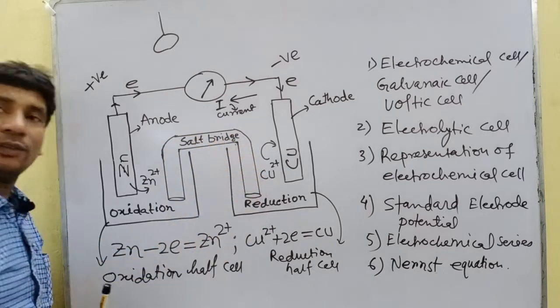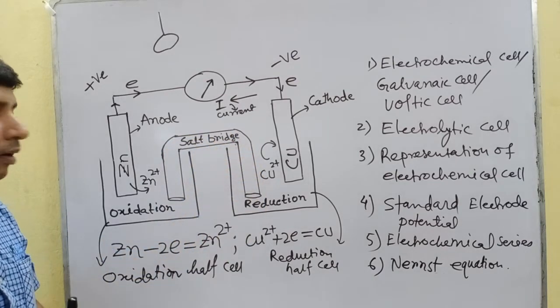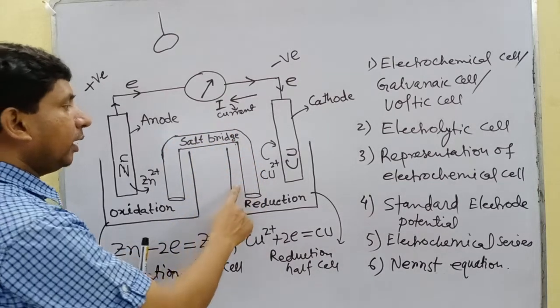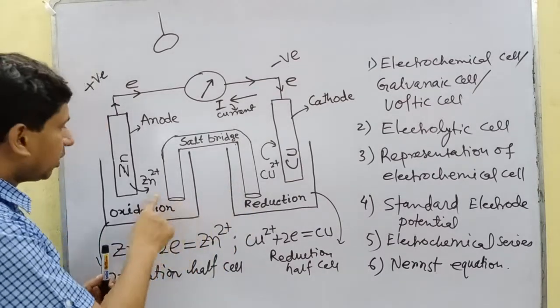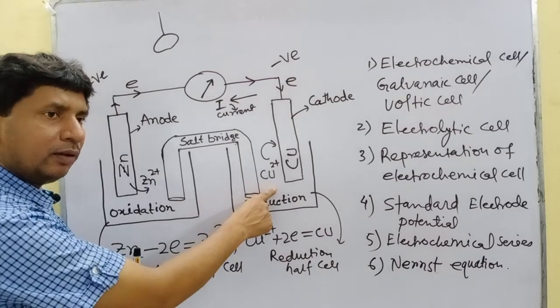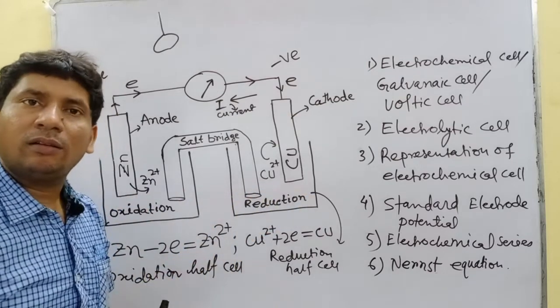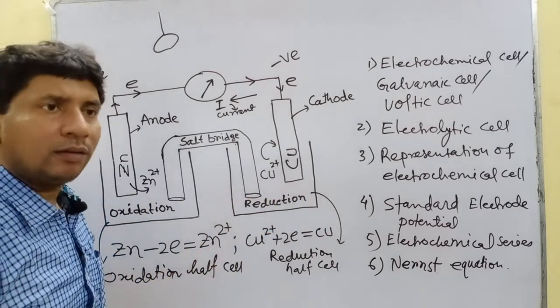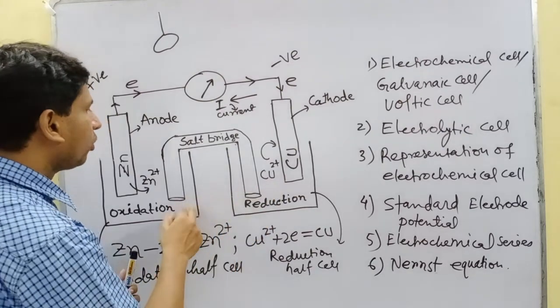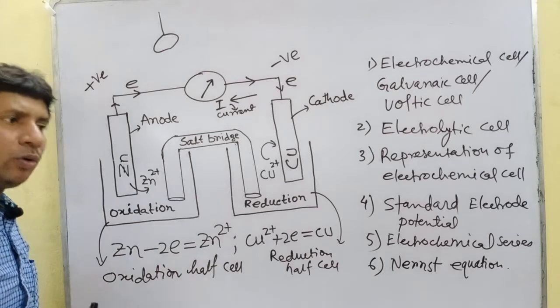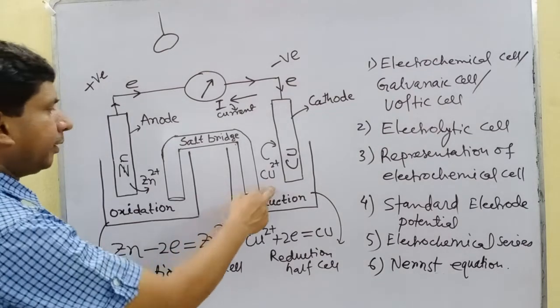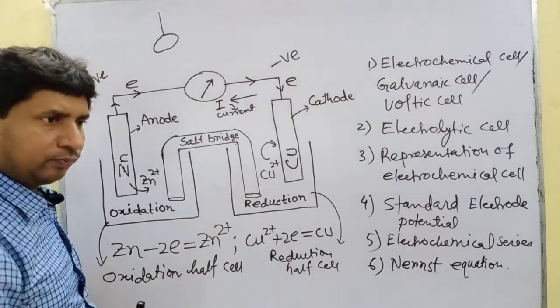This is a salt bridge because there is a solution. This may be zinc sulfate, this may be copper sulfate. Then this is a liquid solution. Then how we can connect these two liquid solution by a wire? So we are unable to connect these two solution by wire.